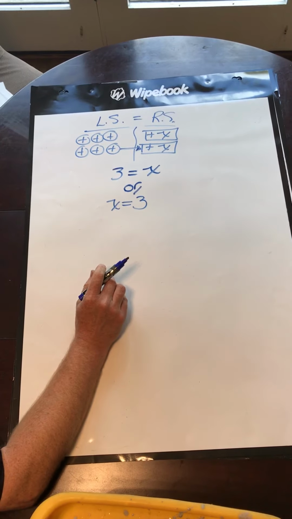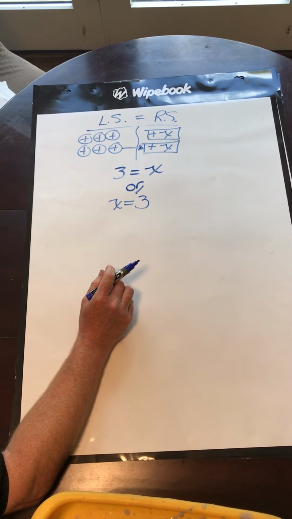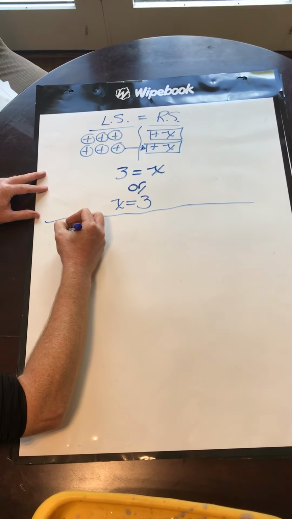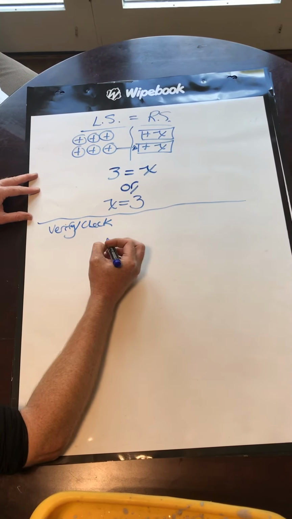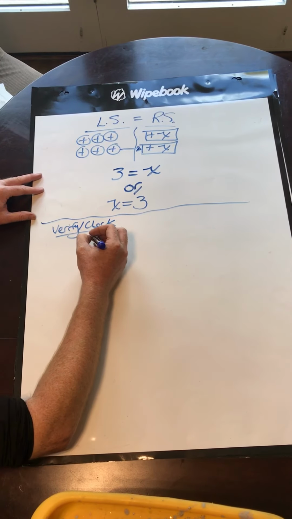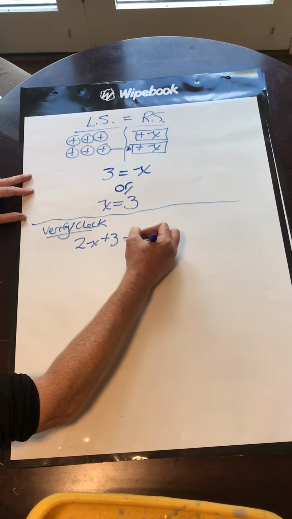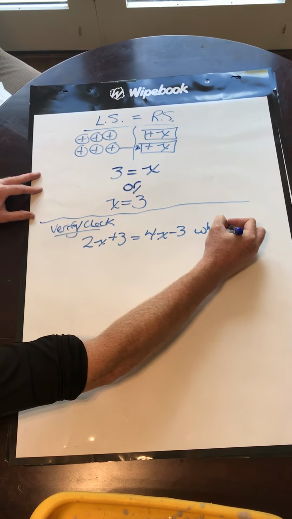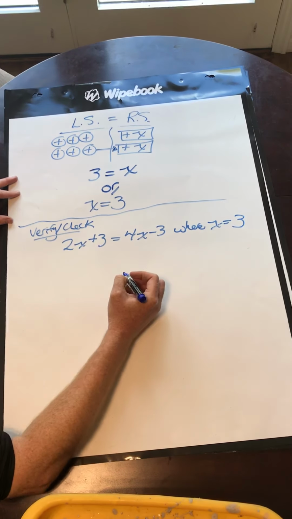And again, the last part of this, I need to verify or check my solution. Okay, I'm going to say, remember that it is 2x plus 3 is equal to 4x minus 3, where x is equal to 3.